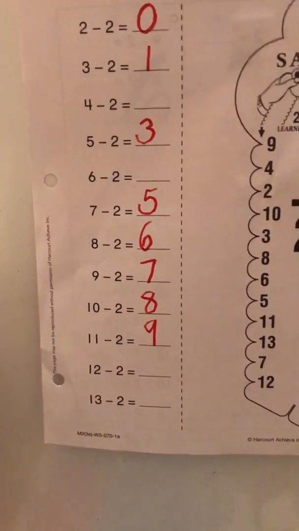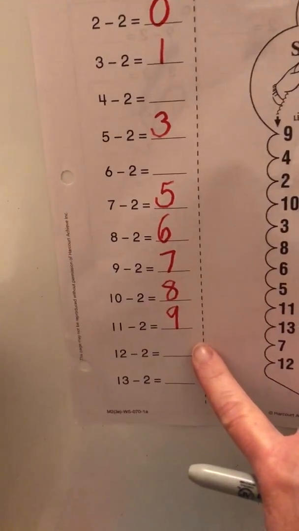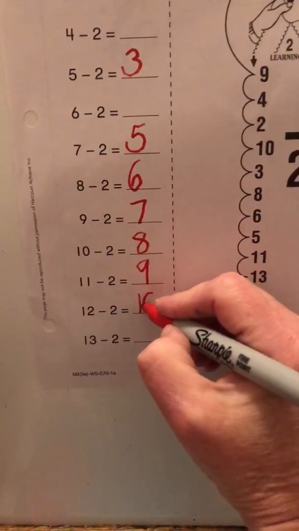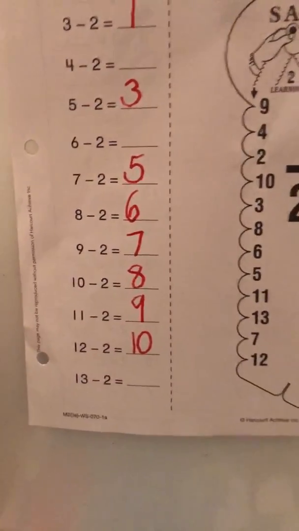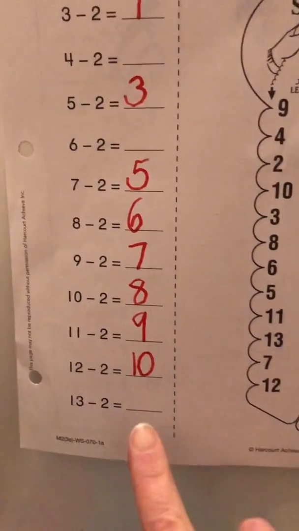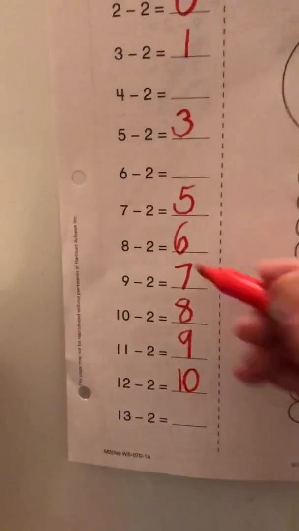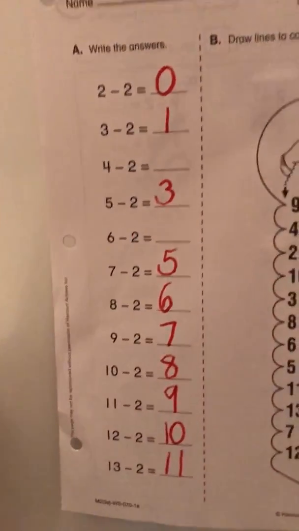And if 11 minus 2 is 9, then 12 minus 2 equals, yes, 10. Doesn't that make sense? Because 10 plus 2 is 12. So 12 minus 2 is 10. And then if 12 minus 2 is 10, then 13 minus 2 is 11. 13 minus 2 equals 11.